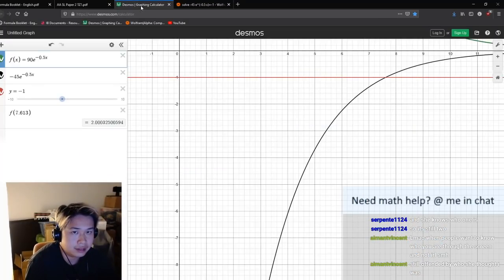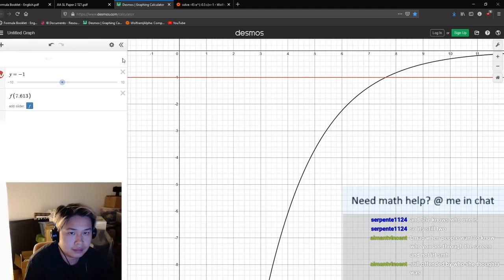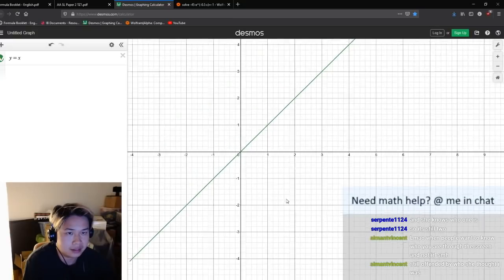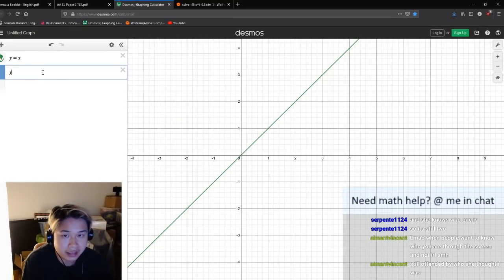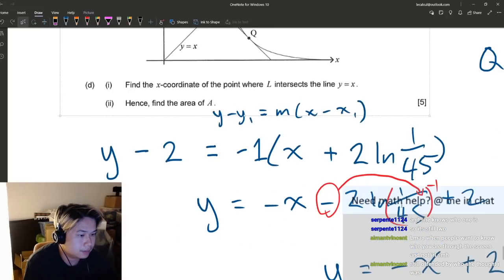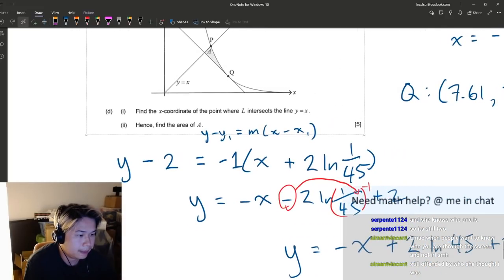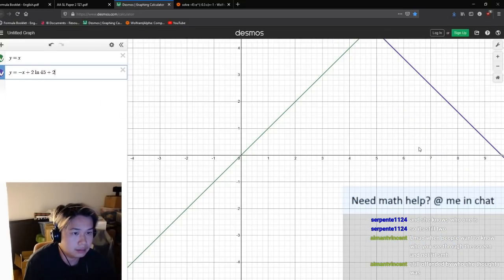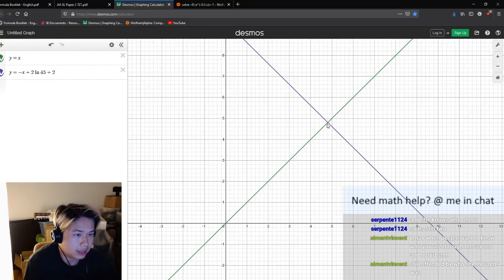Because we have the equations of both lines. So we have y equals x. So that's our first line. Then we have y equals negative x plus 2 natural log 45 plus 2. Okay, so here is my point of intersection.